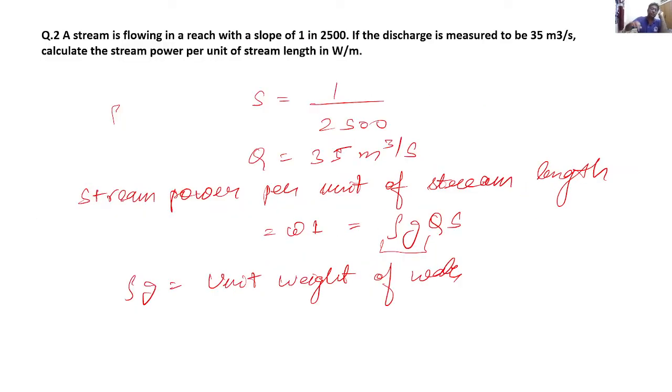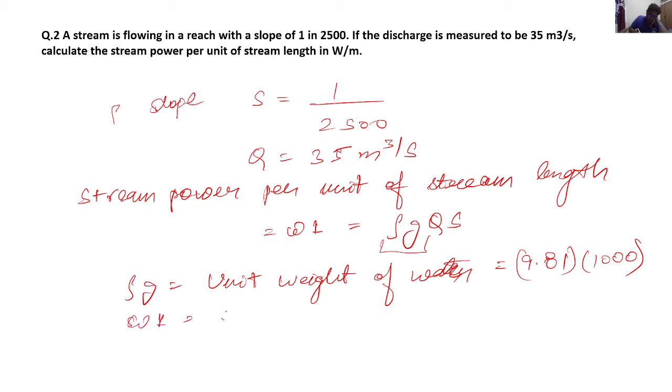So rho g is the unit weight of water, which we know as rho times g, that is 9.81 times 1000, because the density of water happens to be 1000 kilogram per meter cube. Slope we know is 1 by 2500. So it's a straightaway formulation.